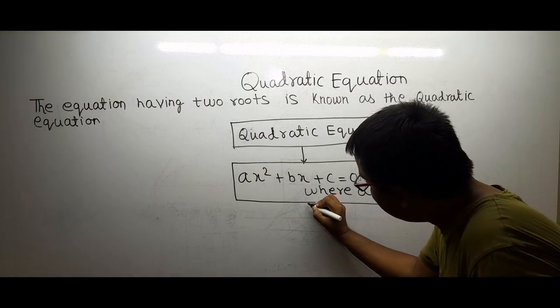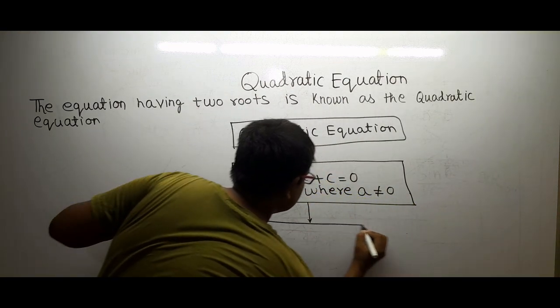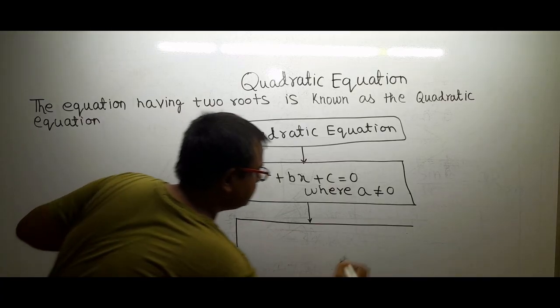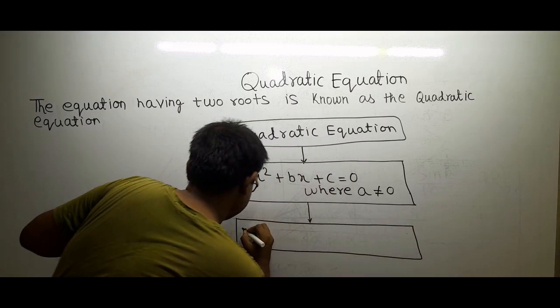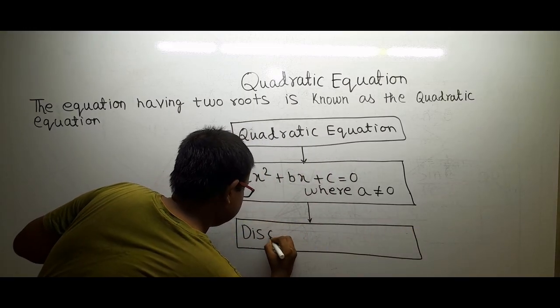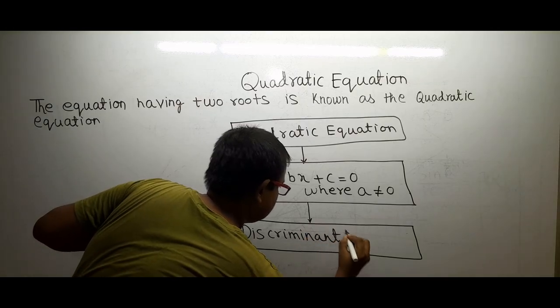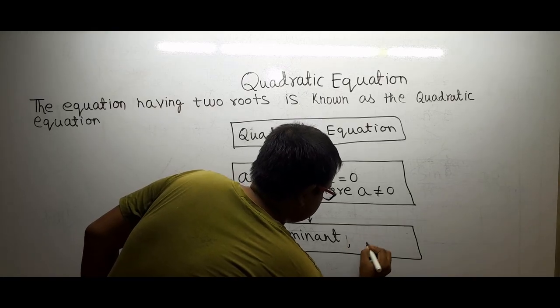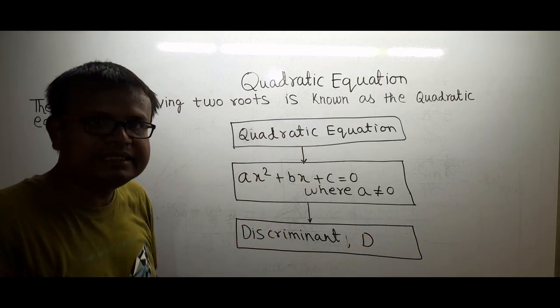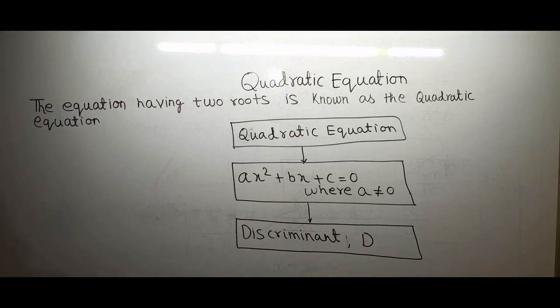Okay, now we have to discuss discriminant. What is discriminant? Okay, discriminant is basically a term of the quadratic equation which decides the nature of the roots of the equation.